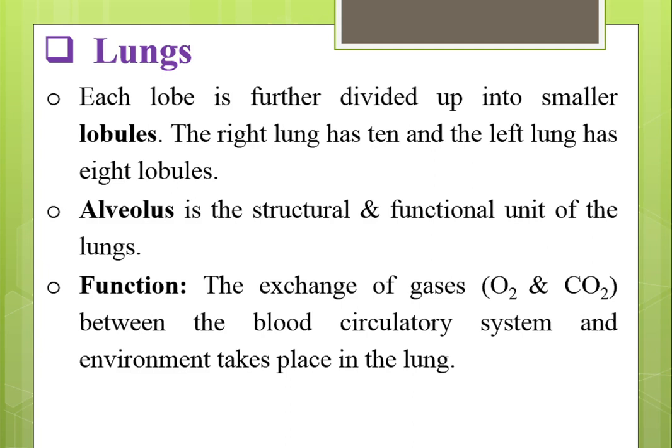Alveolus is the structural and functional unit of the lungs. Function: the exchange of gases, oxygen and carbon dioxide, between the blood circulatory system and the environment takes place in the lung.